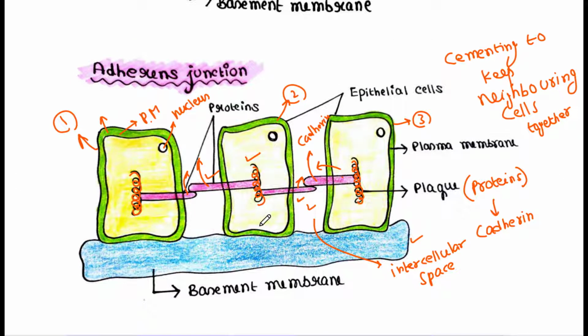So did you get the difference between this gap junction and the adherens junction? The protein found in adherens junction arises from this plug found in the cytosol, then crosses the plasma membrane and comes to the intercellular space.